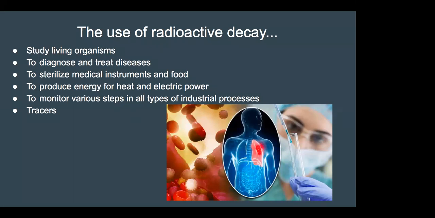For example, radioactive iodine 131 can be used to study the function of the thyroid gland, assisting in detecting disease. So basically, radioactive decay is mainly used to produce energy and treat disease.